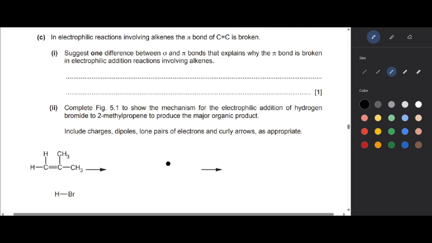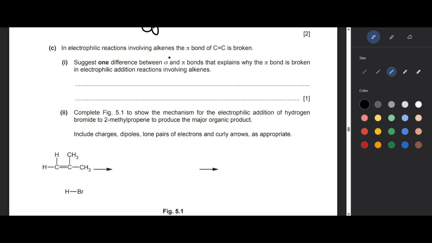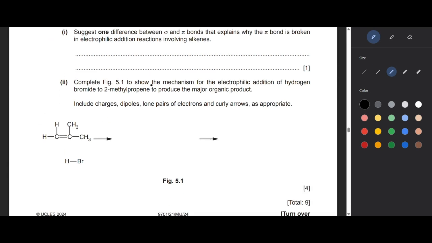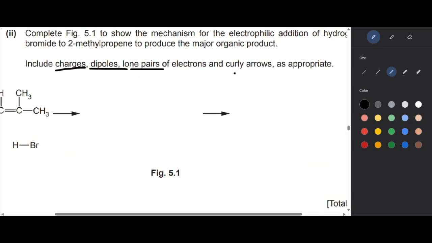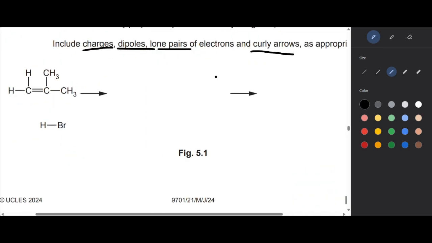And the next: in electrophilic reactions involving alkenes, the pi bond of the C=C double bond is broken. Complete figure 5.1 to show the mechanism for the electrophilic addition of hydrogen bromide to 2-methylpropene to produce the major organic product. Include charges, dipoles, lone pairs of electrons, and curly arrows as appropriate.